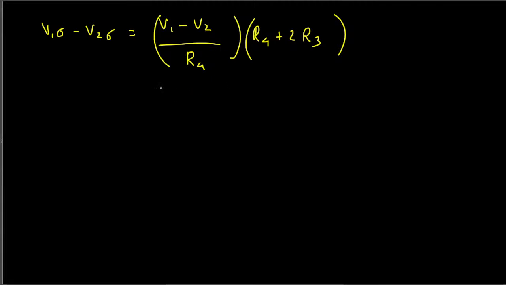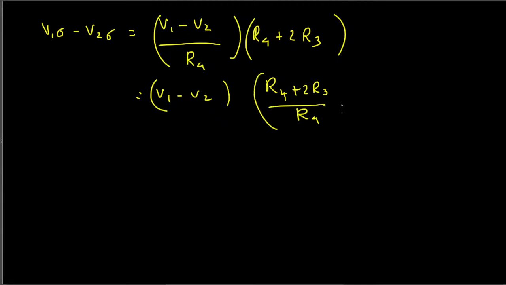We can also write this one as V1 minus V2 times R4 plus 2R3 divided by R4. I'll just move this one to here because this is like 1 over R4 times this, so it is equivalent to R4 plus 2R3 over R4 as well.